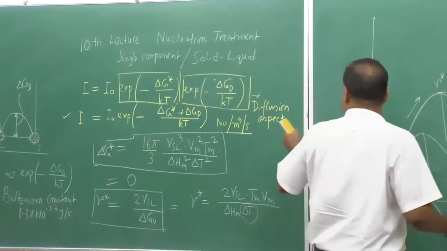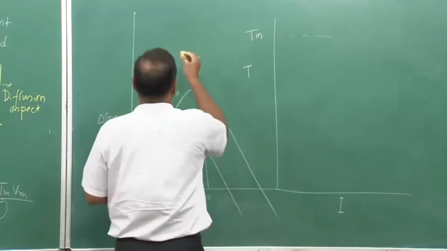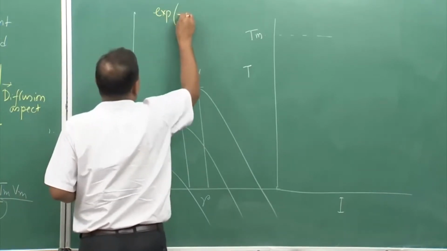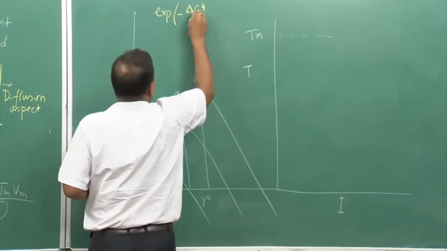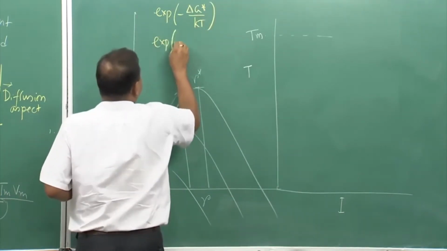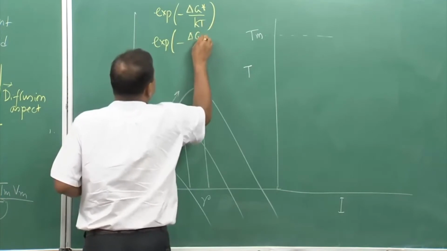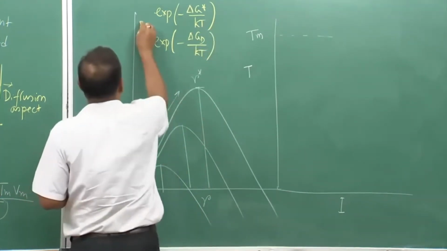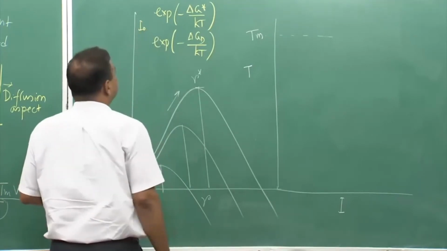Now, if we plot these two expressions, so let us write those two expressions: exponential minus delta G star by kT, and the other one is exponential minus delta G d by kT. Now, I is common.